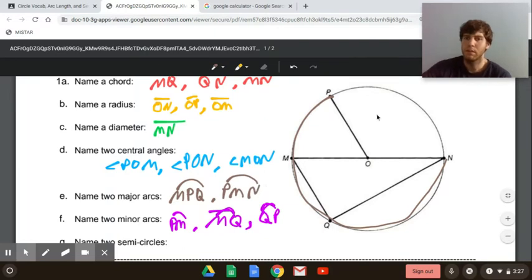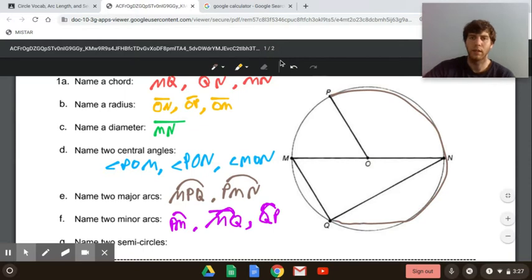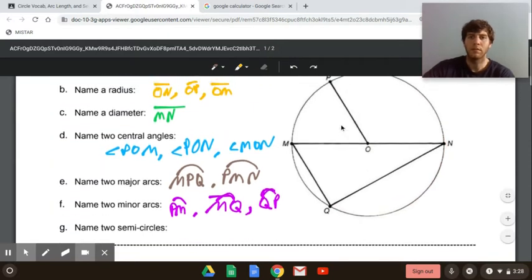MNP would work. PNQ would be another one. You could do P and Q, that would work. Anything that's greater than 180.